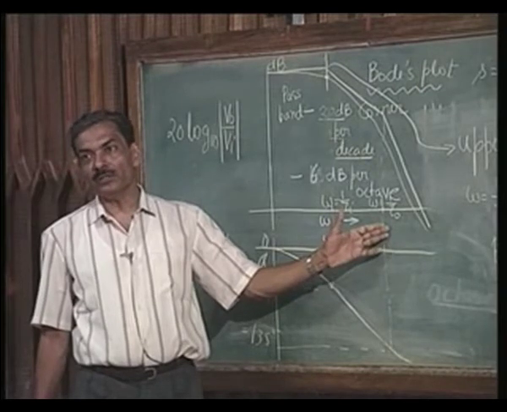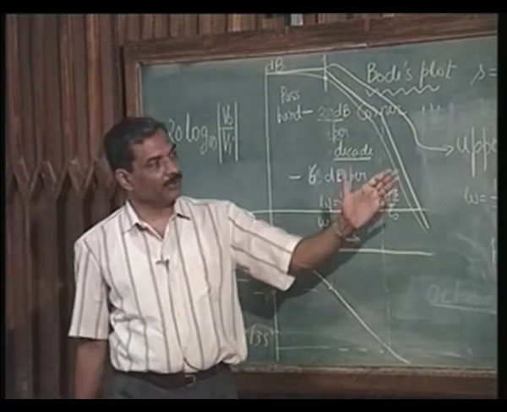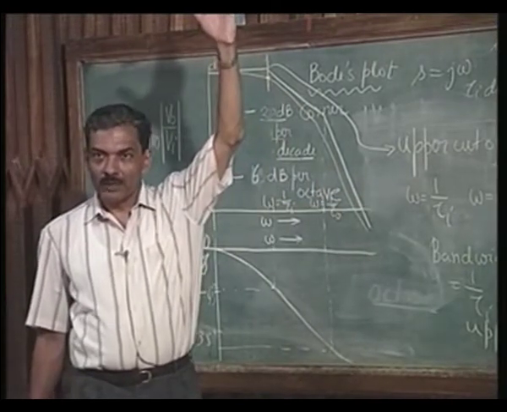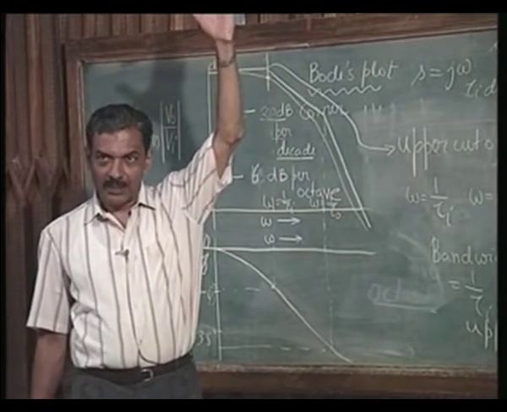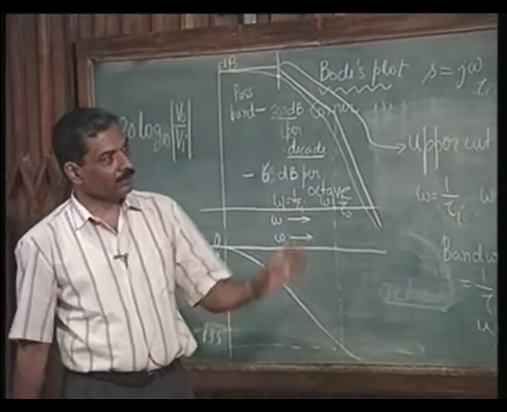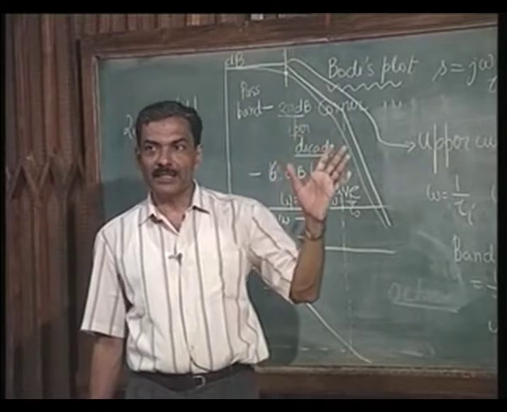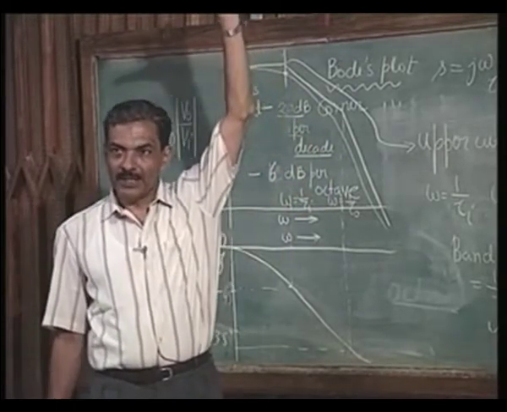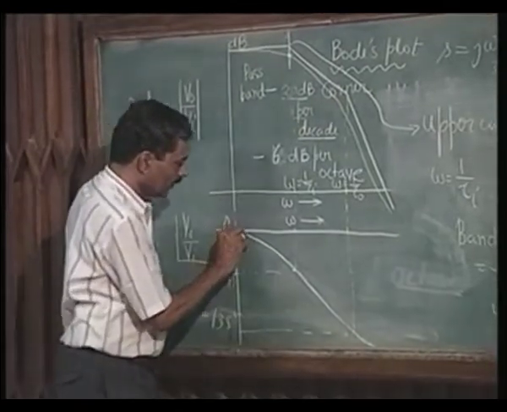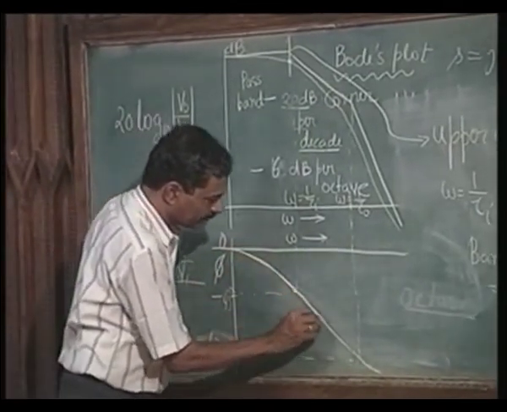Ultimately, both will contribute to a phase shift of 90 degrees and it will go to 180 degrees at infinite frequency. So, this is capable of going to a phase lag of 180 degrees only at infinite frequency. So, this is the phase plot of the circuit.